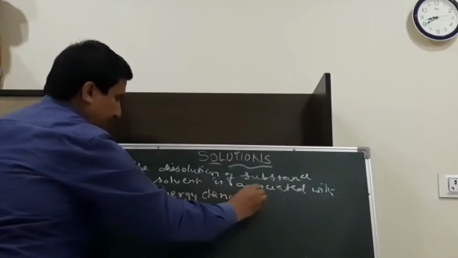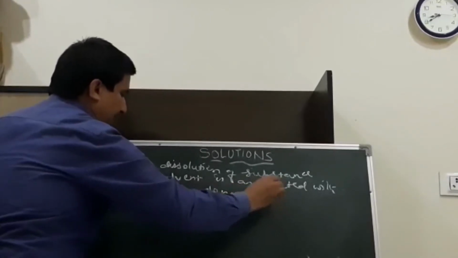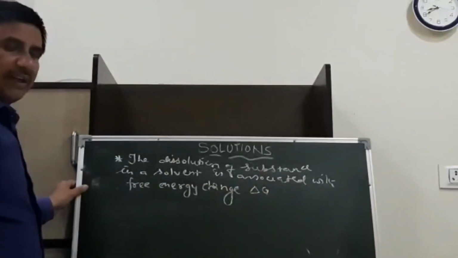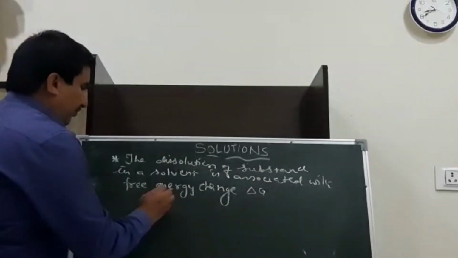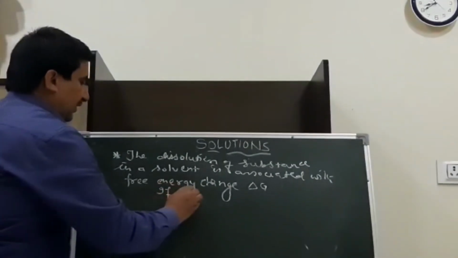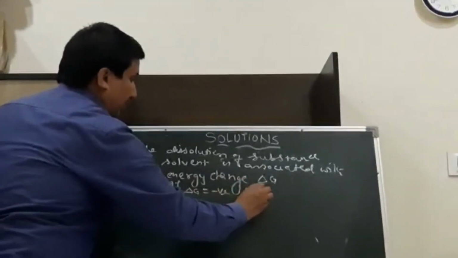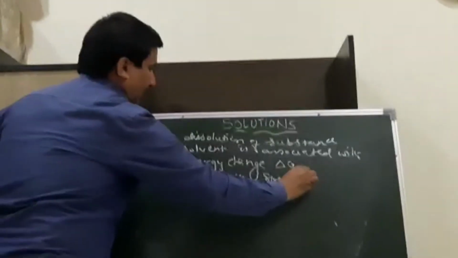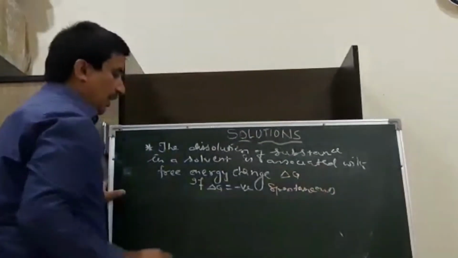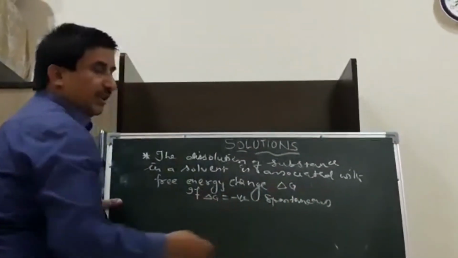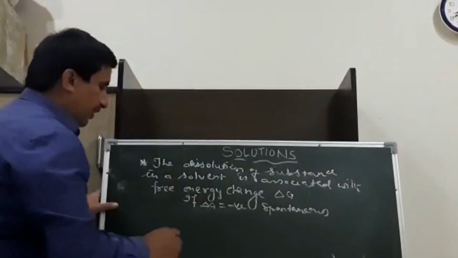You know that free energy change is denoted by delta G. If delta G is negative, the process is spontaneous. If its value is positive, then the process is non-spontaneous.